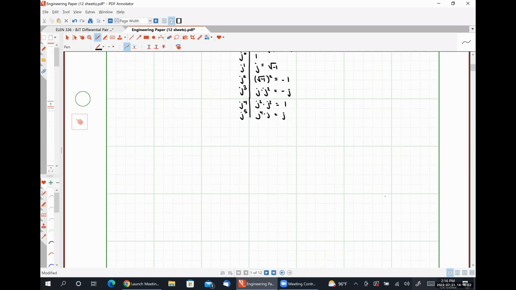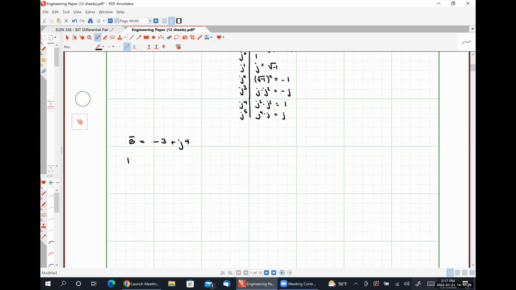Okay. So let's say that we have a complex number B, and B is equal to -3 plus J4. And we want to find what the polar form representation of this complex number B is.